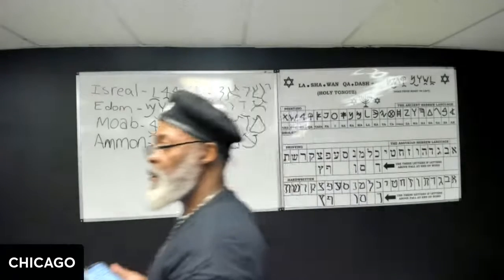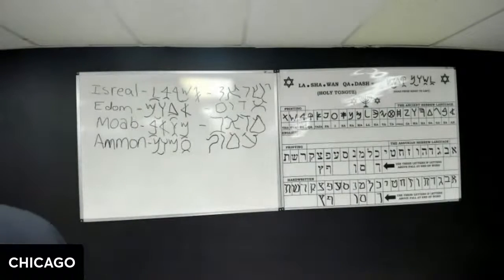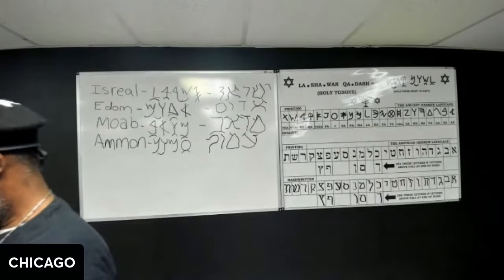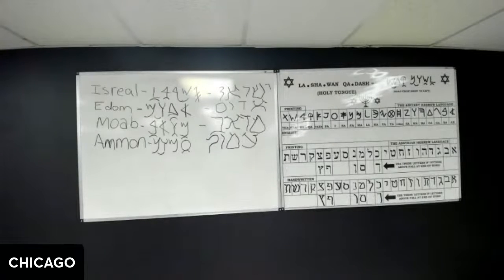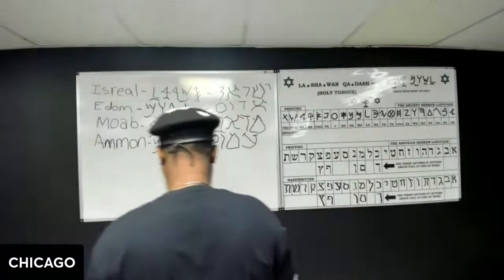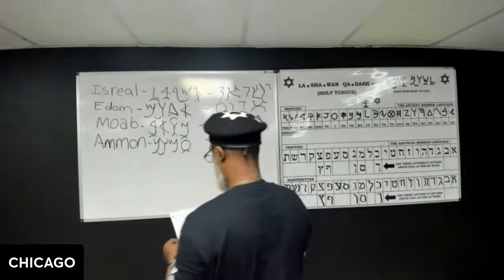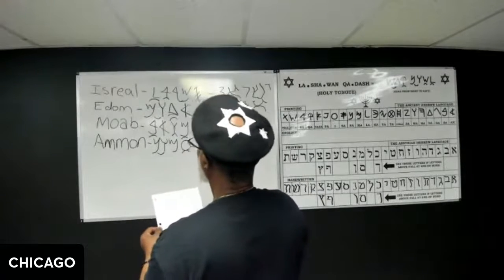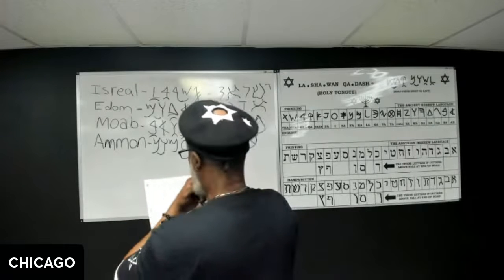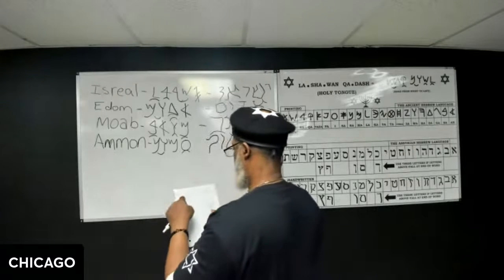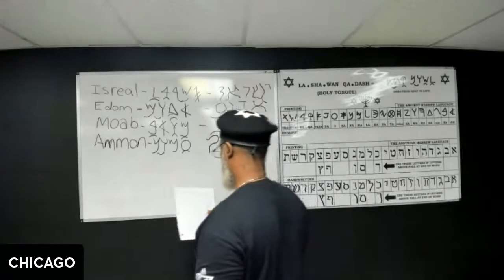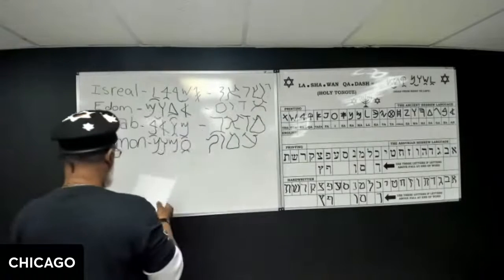Okay, so far we have Israel, Edom, Moab, and Ammon. Next, we're going to do Ishmael, which are the Arabs.